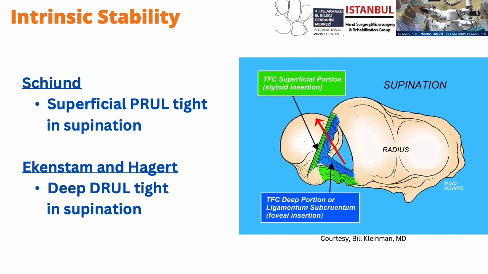The superficial palmar radioulnar ligament functions to guide the ulnar head to translate volar during supination, and the deep dorsal radioulnar ligament components are important to prevent further pathological translation causing DRUJ instability.